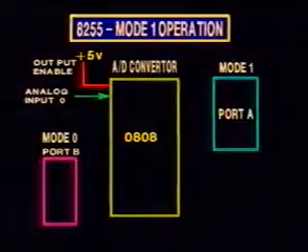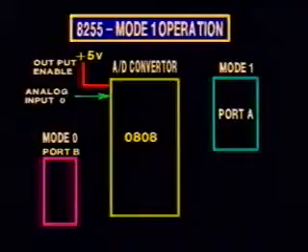Therefore, a mode 1 operation is called for. In addition, certain A to D converters require address information to select one of the many channels that are available. This calls for operation in mode 0. Now let us move on to the graphics to interface the A to D converter 0808.